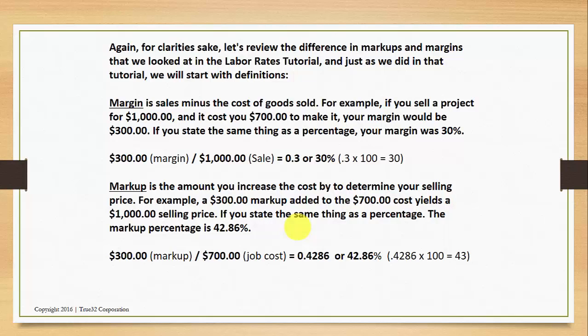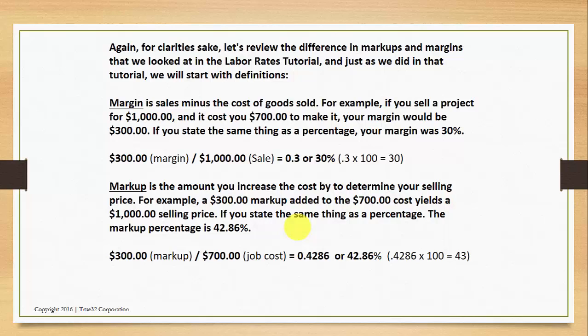Markup is the amount you increase the cost by to determine your selling price. For example, a $300 markup added to the $700 cost yields a $1,000 selling price. If you state the same thing as a percentage, the markup percentage is 42.86%. So note that in the margin calculation, we had a 30% margin, and it took a 42.86, or almost 43% markup to give us the same margin.